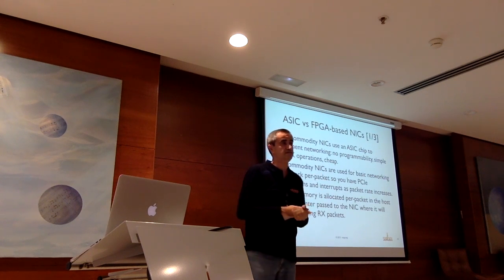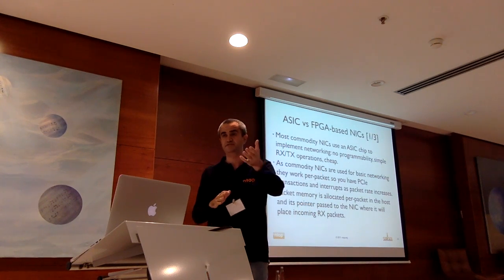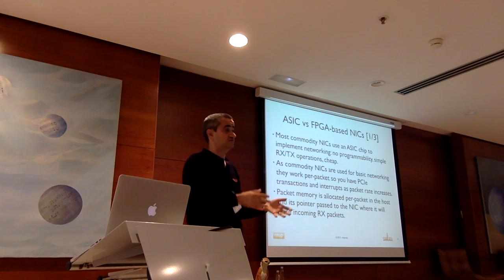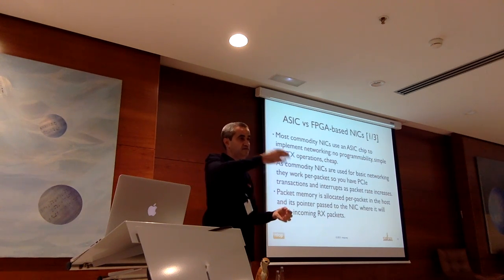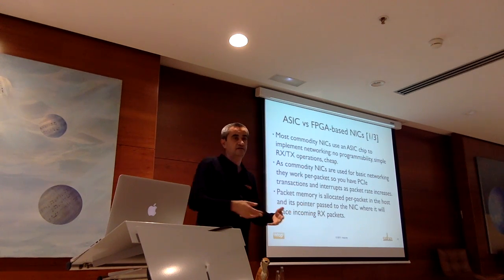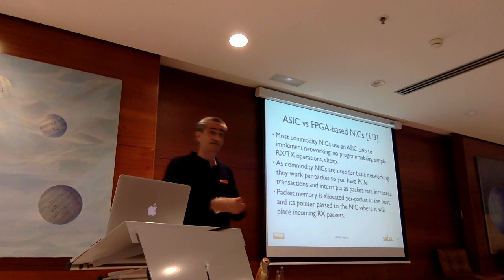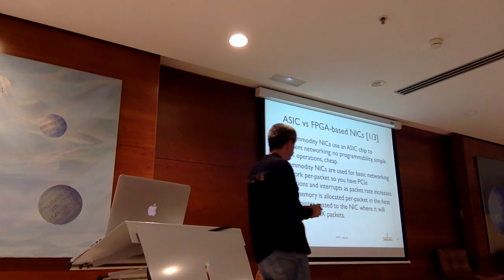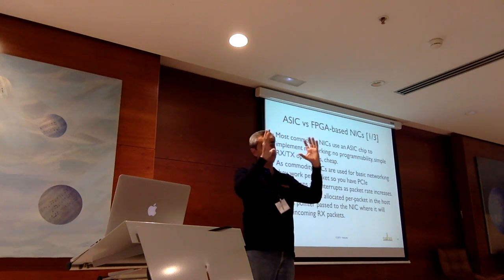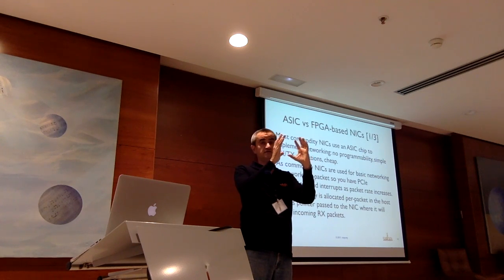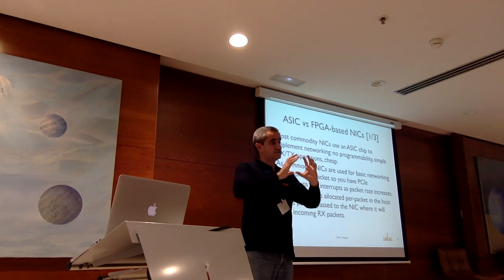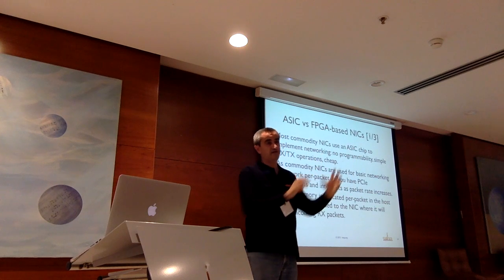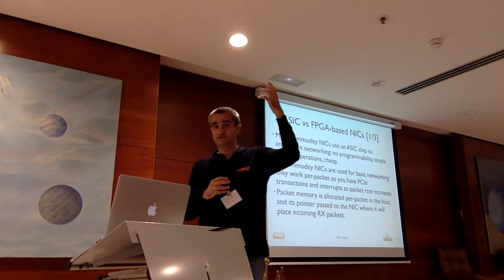For instance, standard network adapters, the ones you find on your PC, work per packet. Packet by packet, the packet is delivered to the kernel, and then the kernel does something with it. If you want to go fast, this is not a very good idea because it would be better to pack packets together in a big buffer and then ship the buffer, 1 megabyte, 4 megabyte, to user space.